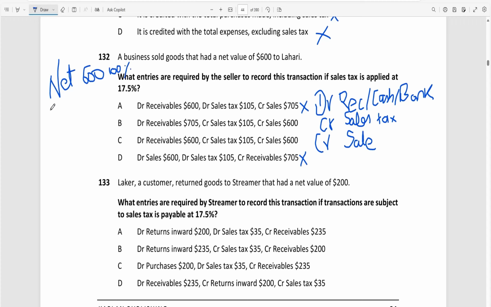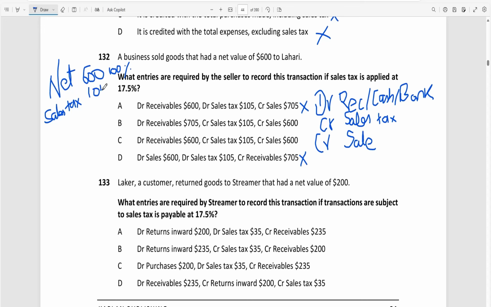Adding sales tax will increase the value of the goods. The sales tax amount we calculate by multiplying 600 by 17.5%. This gives a sales tax of 105.